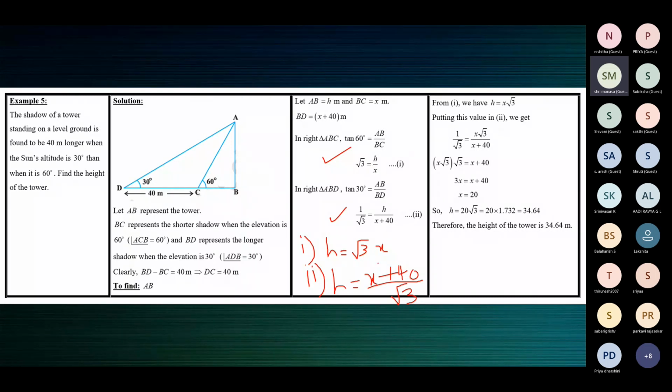I'll find h only from the second one also. H from the second one is, as Arnav said, x plus 40 by root 3. Now h is root 3x, and h is also x plus 40 by root 3. So we can equate these two, right? Because both are expressions for h, root 3x is equal to x plus 40 by root 3.